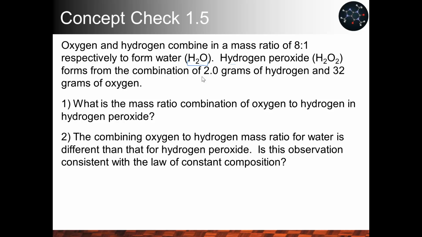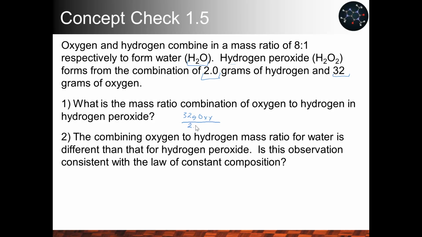And when we measure out what we find, we get about 2 grams of hydrogen to every 32 grams of oxygen. So what's the mass ratio of oxygen to hydrogen in this hydrogen peroxide? All we look at is, okay, 32 grams of oxygen, and what's the ratio of that to hydrogen?